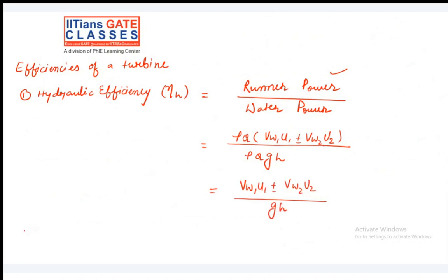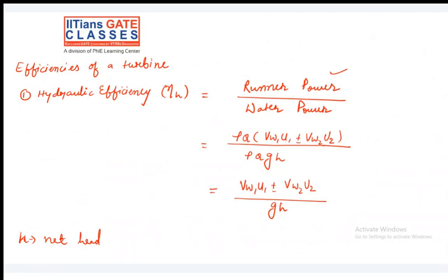And what is this h? H is the net head. Why? Because this was the power water was carrying at that point where the runner was installed. Got my point?